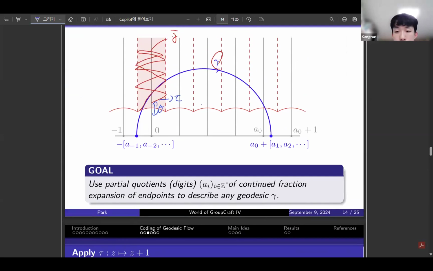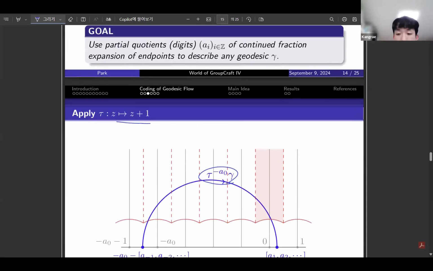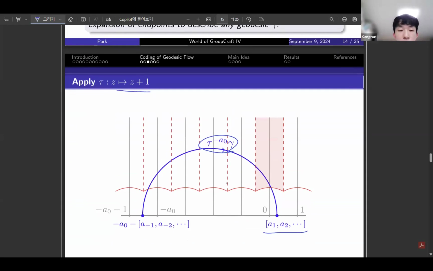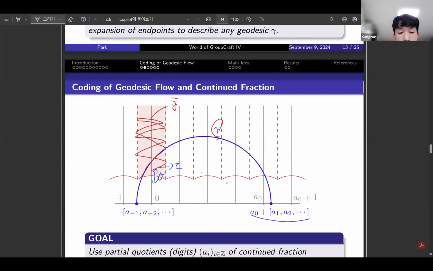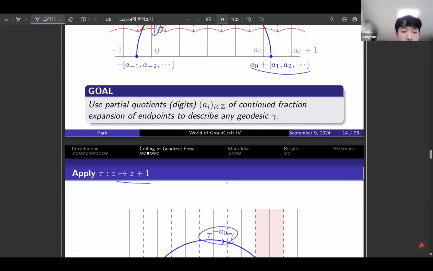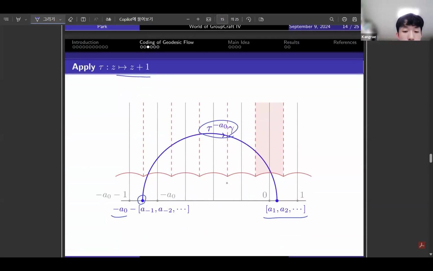Before it was a_0 plus [a_1, a_2], and it becomes just [a_1, a_2, and so on]. And the initial point, before it was negative [a_{-1}, a_{-2}, and so on], and it translates, and then it becomes minus a_0 minus [a_{-1}, a_{-2}, and so on].